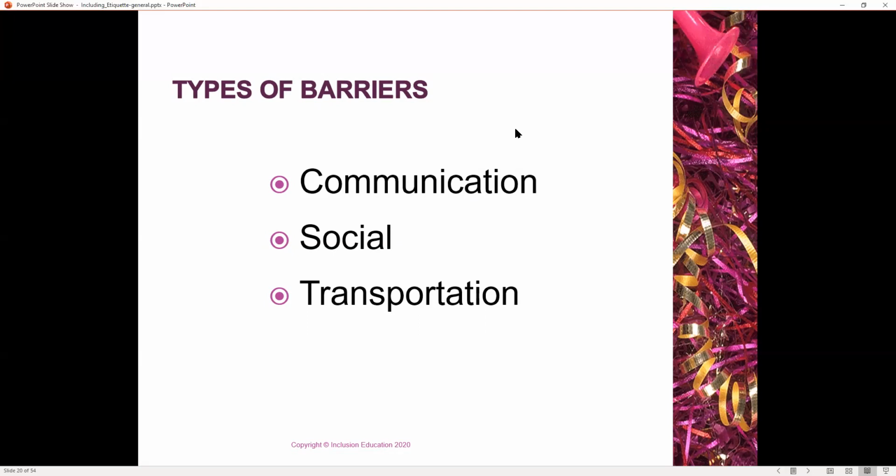There are so many things that happen with participating in the community or even going to work, because if your work is in a location that is not accessible to buses or paratransit or something, then you're missing out on a whole segment of the population that would make great employees.